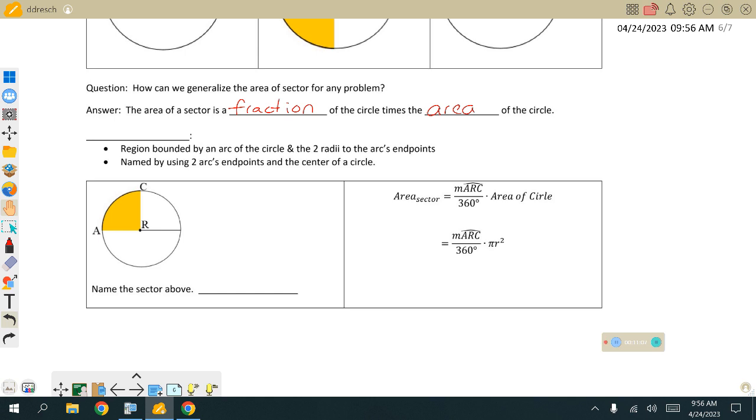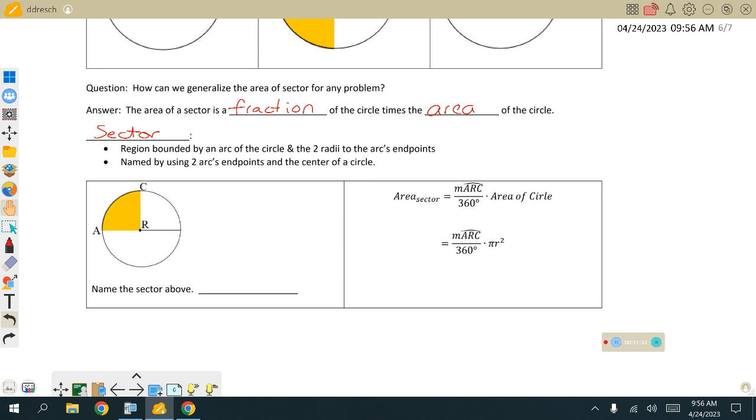So, sectors. Let's talk a little about sectors here. So what is a sector? A sector is a region bounded by an arc. So we've got this arc and then the 2 radii. When you saw up there with the quarter that you just did on letter C, you've got the arc and then the 2 radii. Now we name a sector by using the 2 arc endpoints and then the center.